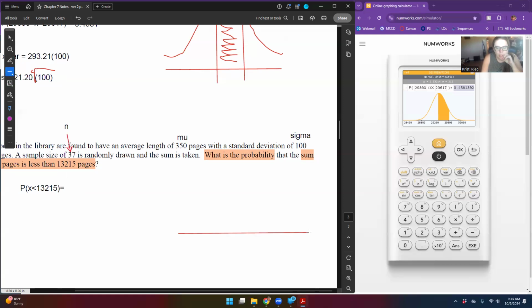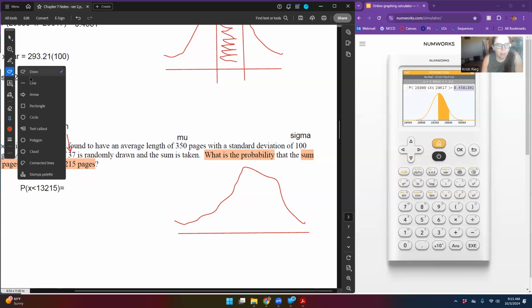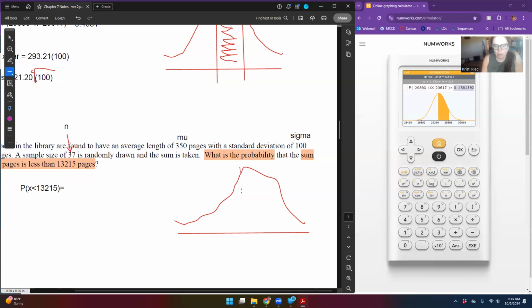Okay, here's our picture. Lovely. I don't know what our average is. Our average seems quite large. 350, oh no, times 37, never mind. I don't know what that is in my head, so I'm not really sure if this is going to be greater than a half or less than a half, so I'll just draw a line.